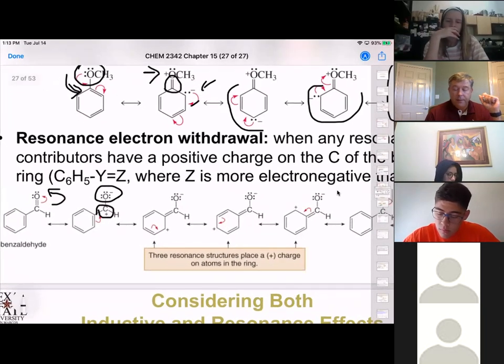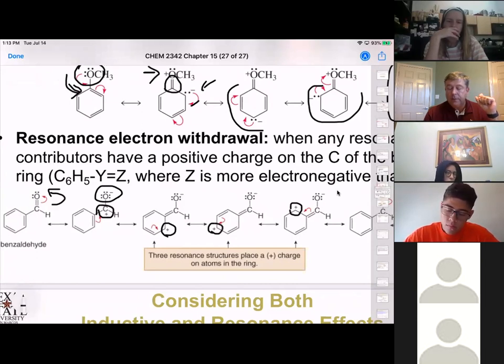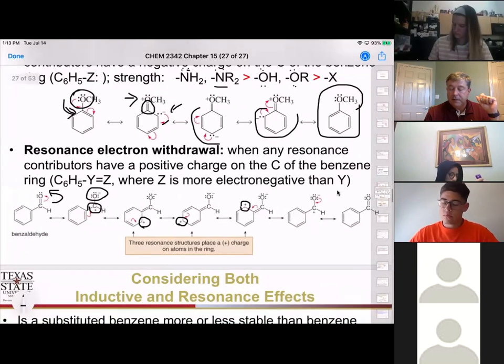And once you get that, you can then have a positive charge localized going around the ring through resonance, and then finally ending up back with aromaticity and back with our neutral species.